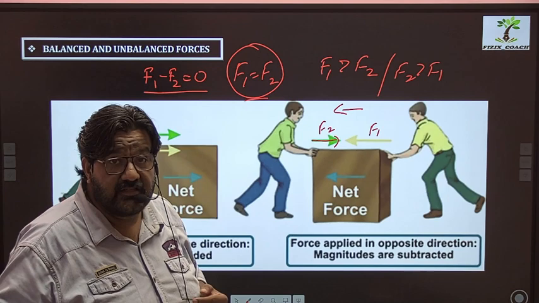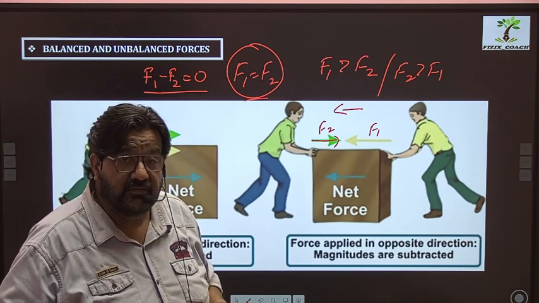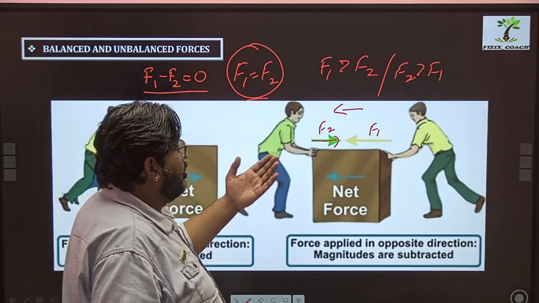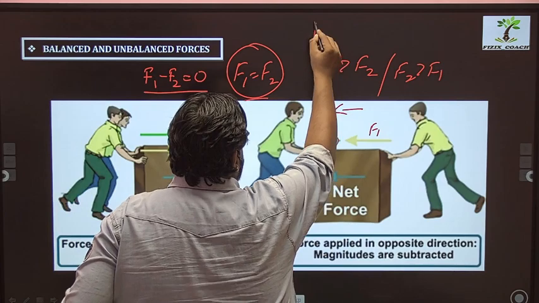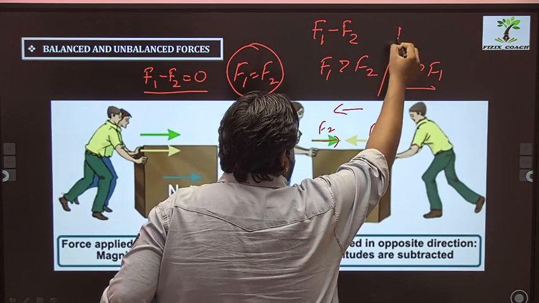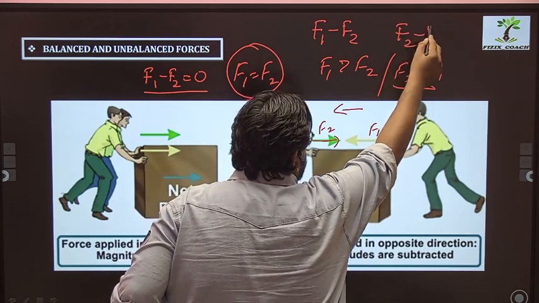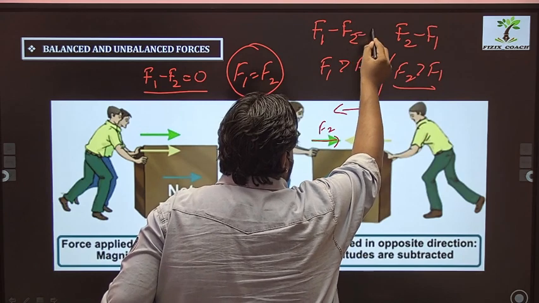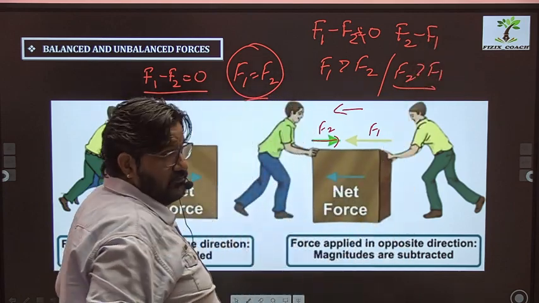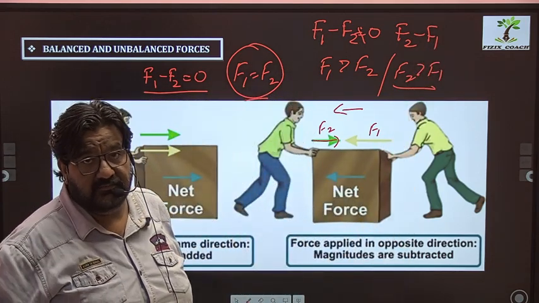There would be some value of net force. If F1 is higher, then the net force will be F1 minus F2. If F2 is more, then the net force will be F2 minus F1. But it won't be equal to 0. It will be greater than that.